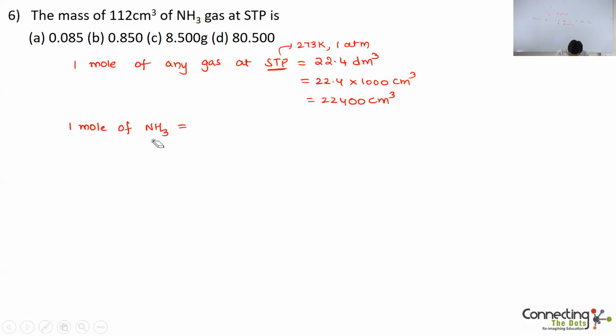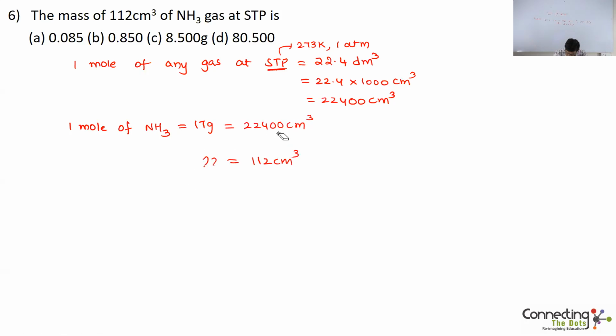Molar mass of ammonia is 14 and 3, so it will be 14 plus 3, which is 17. So ammonia is equal to 17 grams, which is its molecular weight, and is equivalent to 22,400 cm³. So if 17 grams occupy this much cm³, how much in grams of ammonia will 112 cm³ constitute?